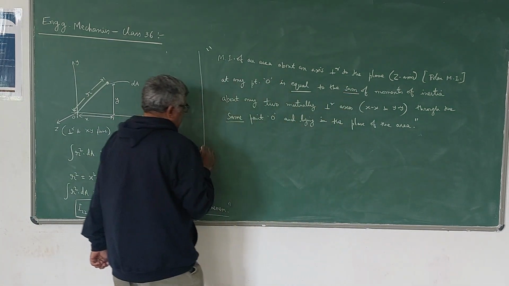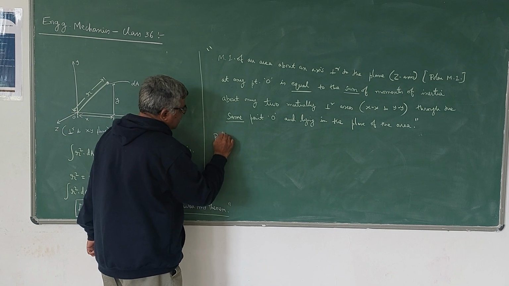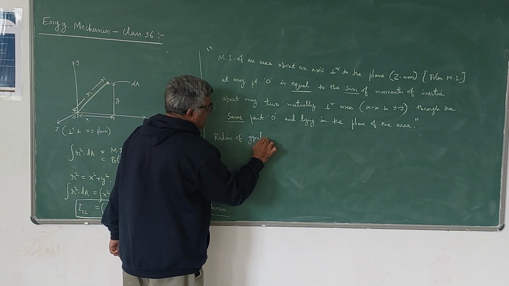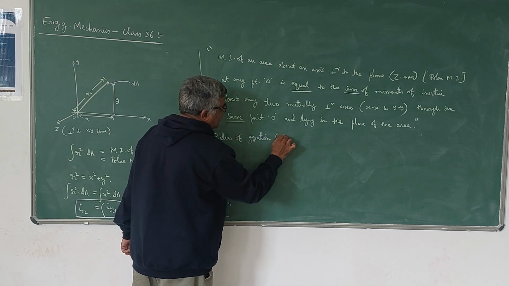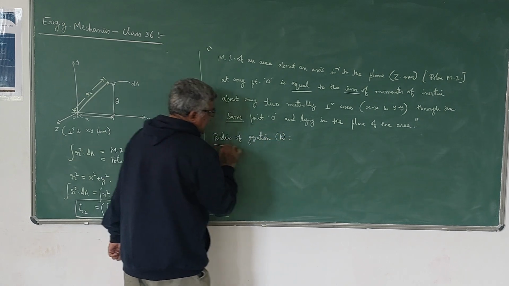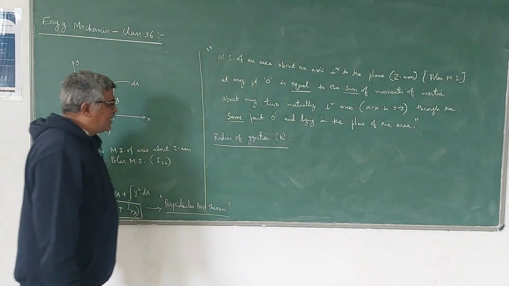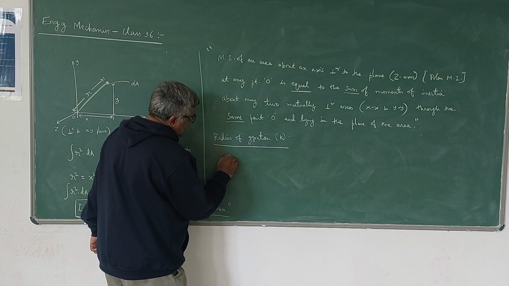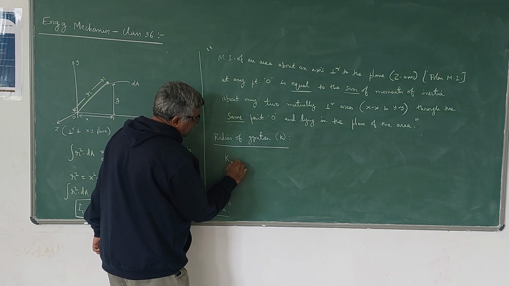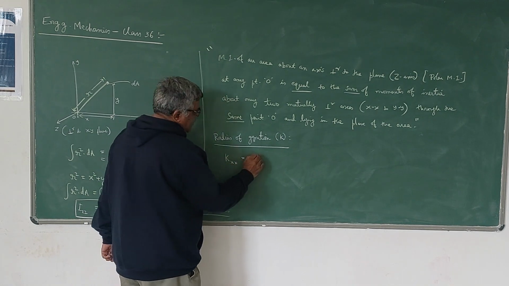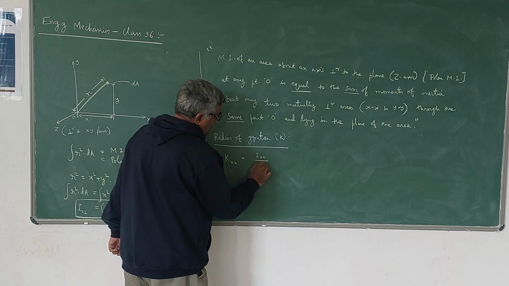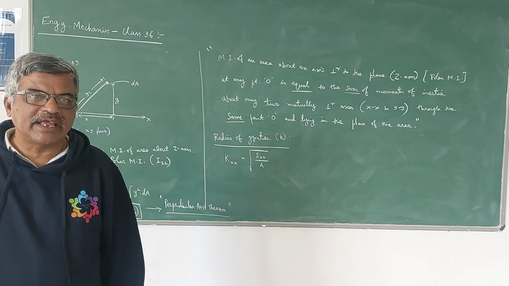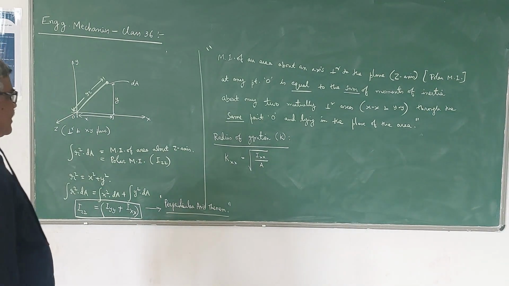Now the next definition is radius of gyration. Radius of gyration is denoted by k. The moment of inertia is denoted by I. Here also, radius of gyration of any area is defined as, suppose if I write with respect to x-axis, it is written as kxx. It is nothing but square root of Ixx by A. So this is radius of gyration of area A with respect to x-axis.